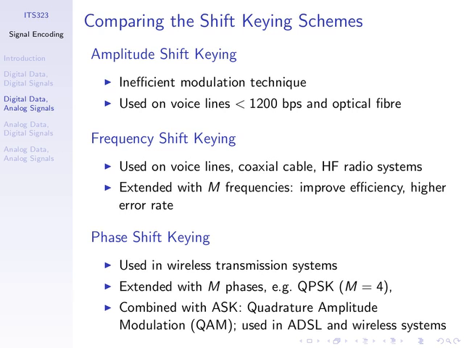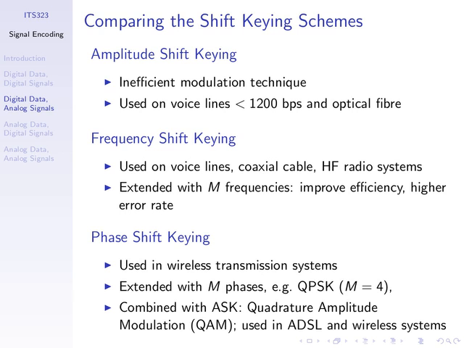We can do that with these approaches. Commonly, frequency shift keying is extended to m different frequencies, giving us a higher efficiency, higher data rate, but more chance of errors.